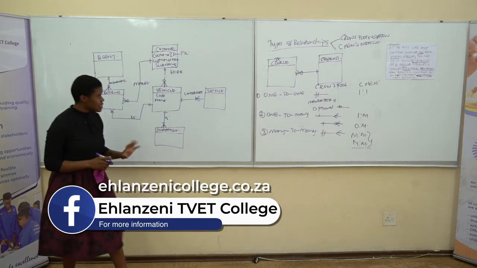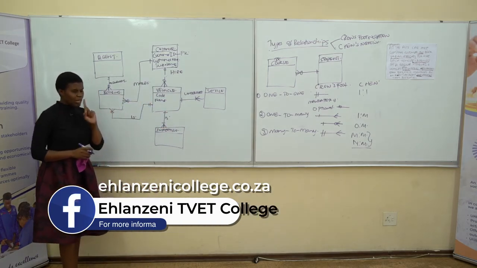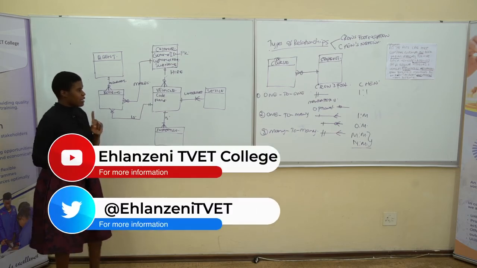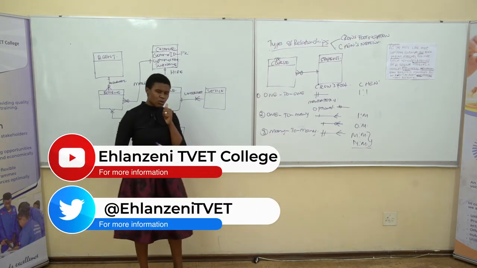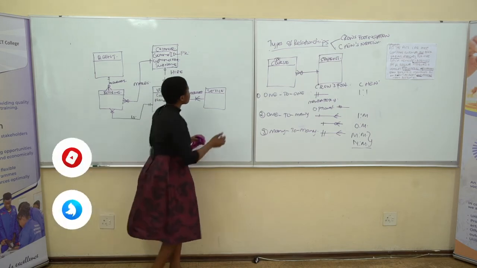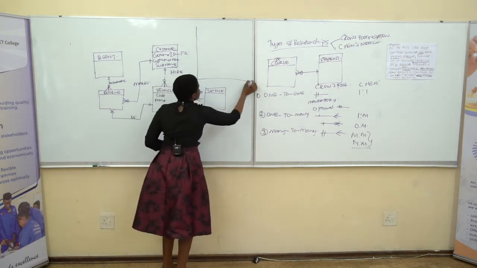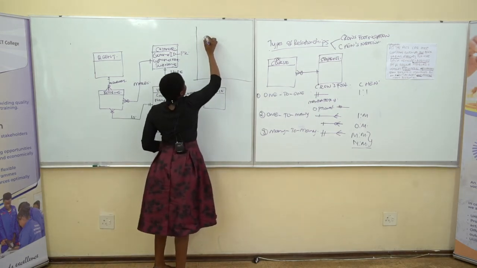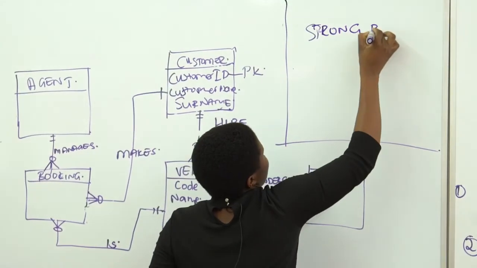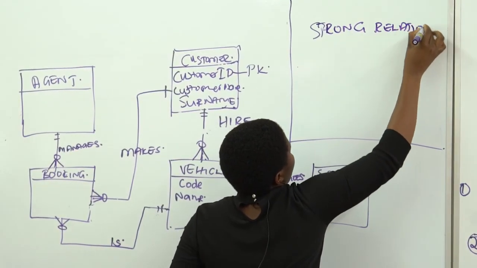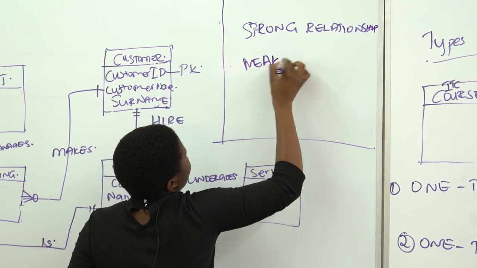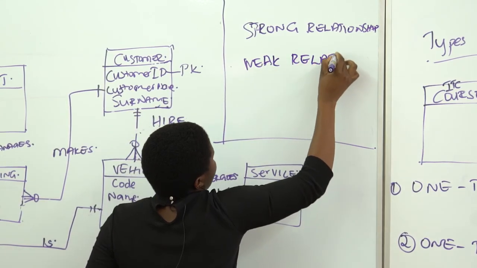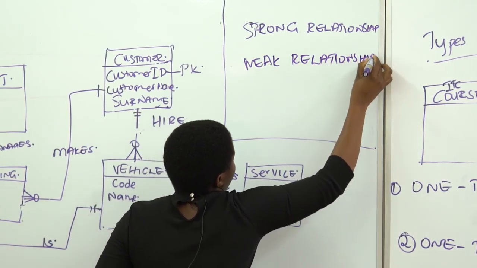So before I close this lesson, I just want us to understand something. Just for the theory part, a relationship can either be strong or weak. Okay, I'm just going to write those two things here. A strong relationship and a weak relationship.